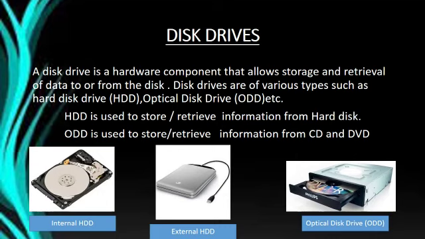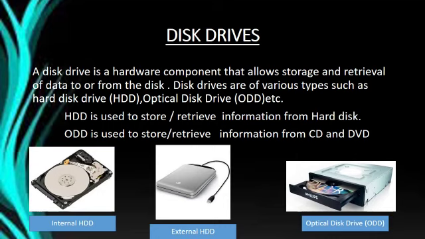One is hard disk drive HDD and optical disk drive ODD. Hard disk drive is used to store and retrieve information from hard disk, and this HDD is usually placed inside the CPU. But there are external hard disk also.